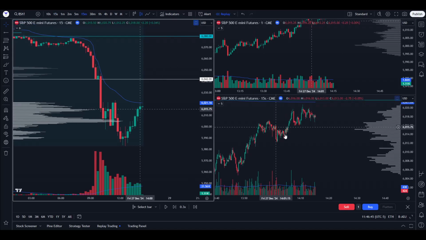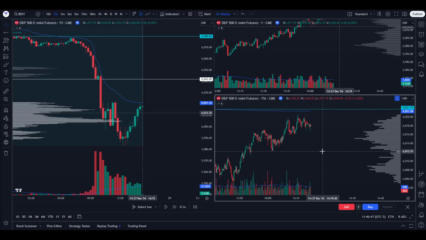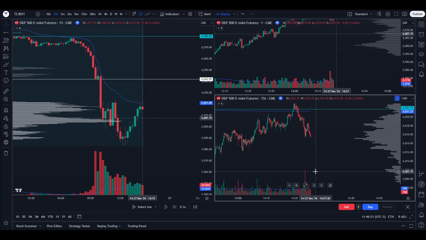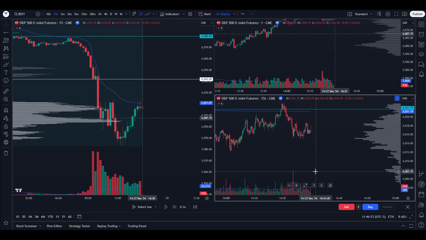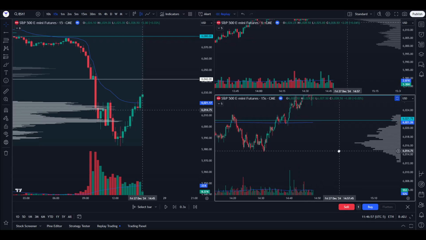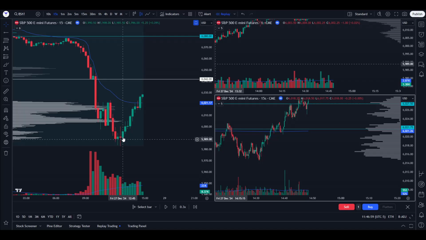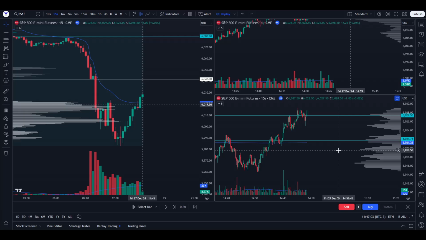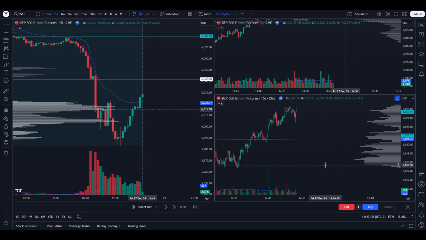I can't even remember what the rejection spot was. Let's see. Okay, so we went above VWAP. Let's see what happens here. If I did go long there, I would actually be looking to take some profits or full exit at VWAP.